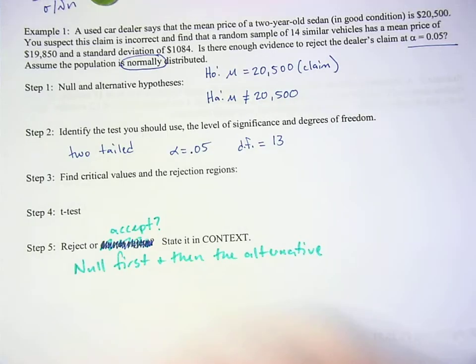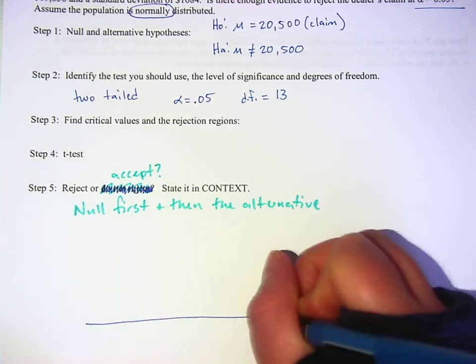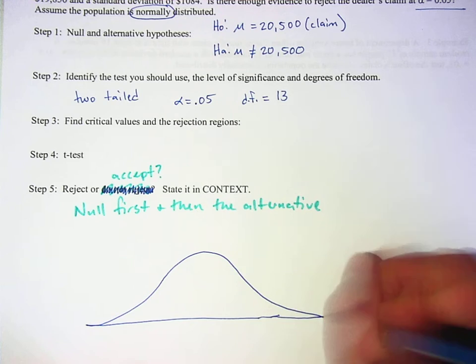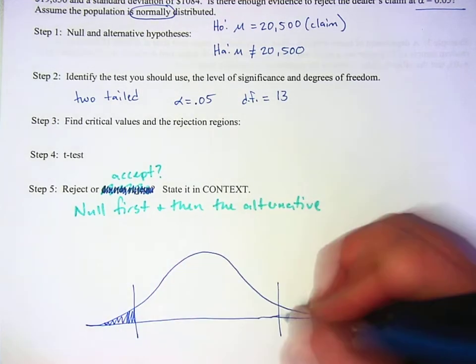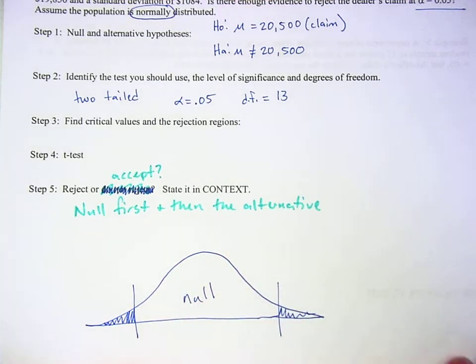All right, I'm going to draw a picture down here. Two-tailed test. All right, so you're going to go on your T chart and go down to 13 for degree of freedom.